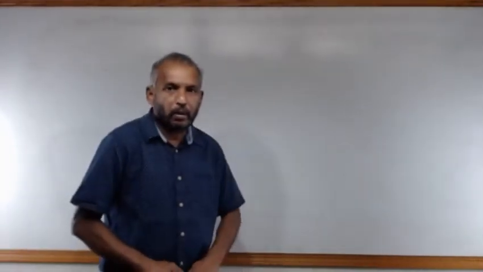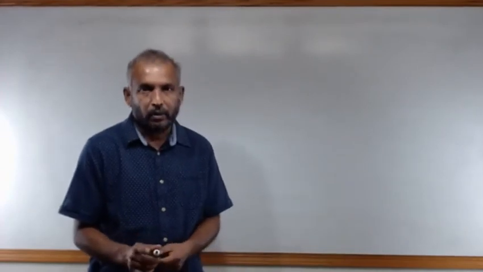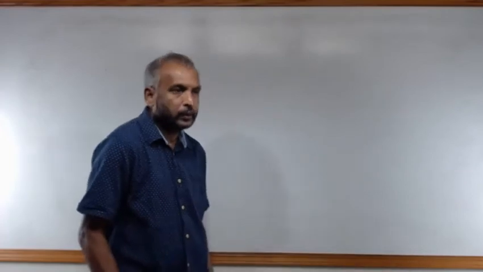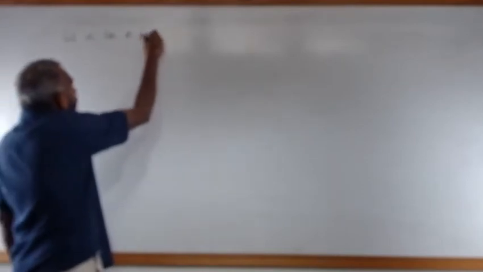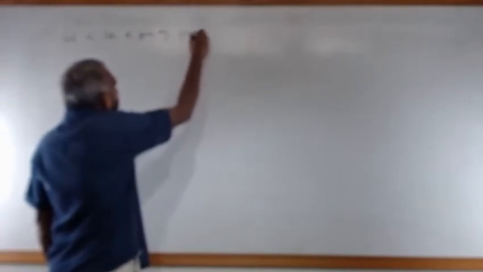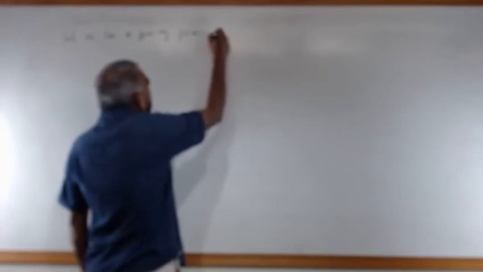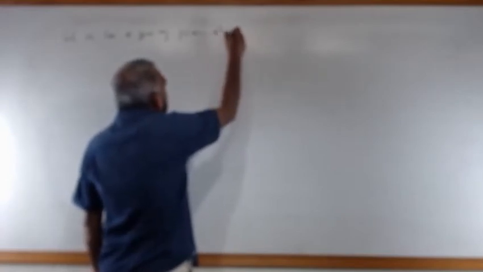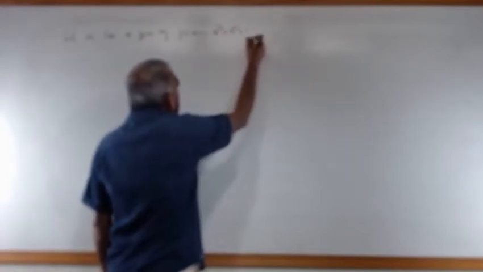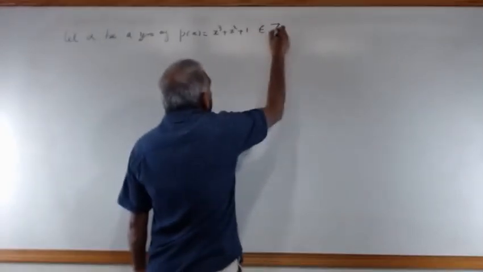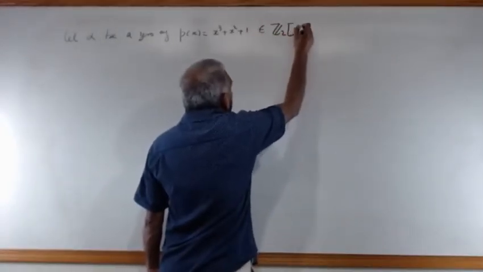We'll do some more problems before we close this chapter on splitting field. The first problem we are going to do today is this. Let alpha be a 0 of p of x equal to x cube plus x square plus 1 in Z2 of x.